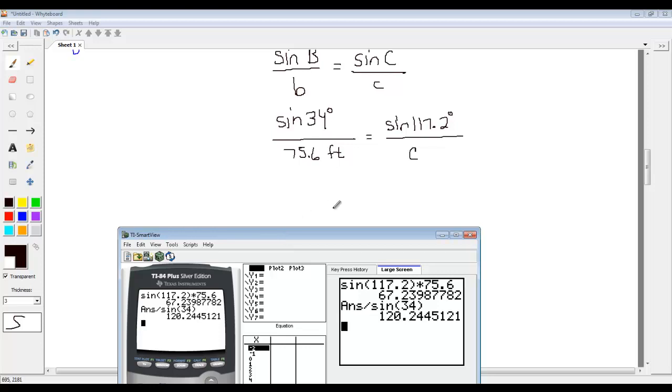Let's see. Sine of 117.2 times 75.6, and then I'll be dividing by sine of 34. And that should give me C. Okay, so I get 120.2.